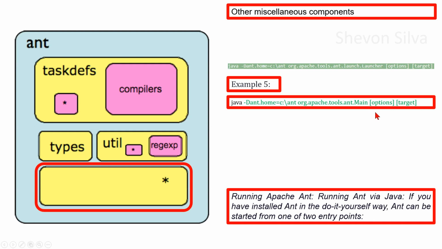You must ensure that all required jars are available. At the minimum, the classpath should include ant.jar and ant-launcher.jar, jars/classes for your XML parser, and the JDK's required jar/zip files.